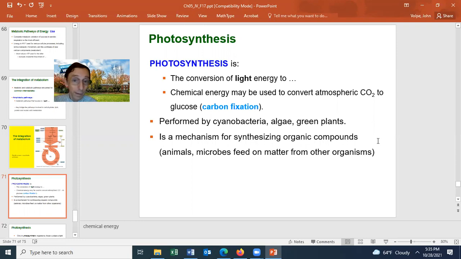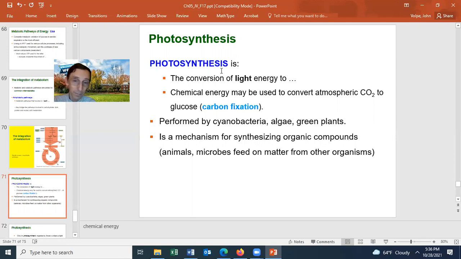And this is very important because this is how we synthesize organic compounds on our planet. And without photosynthesis, there would not be food for animals and microbes to feed on later. So there has to be something making food, making glucose, and it's mostly through photosynthesis, although a little bit gets made from chemosynthesis, and in some ecosystems, it might actually be the major form of making food, like a volcanic vent.